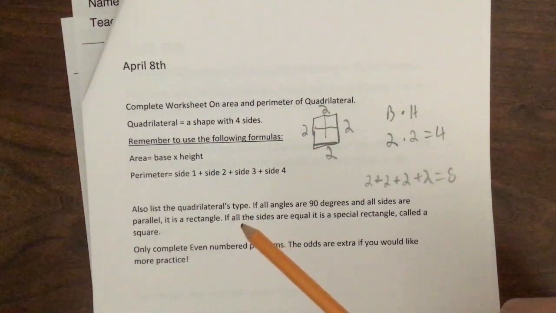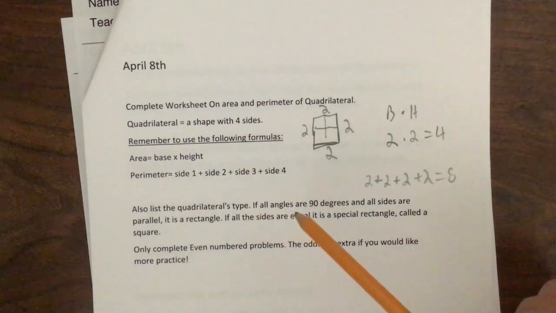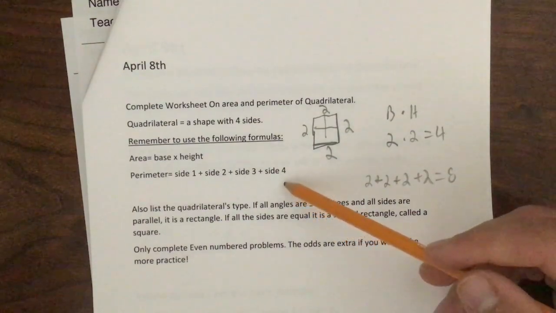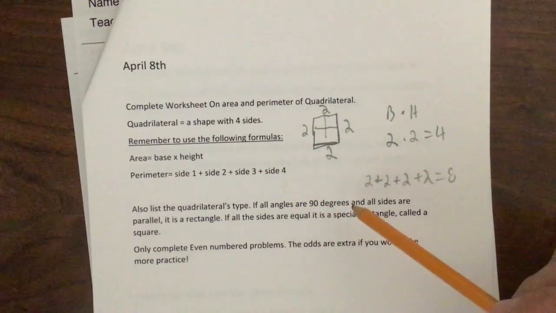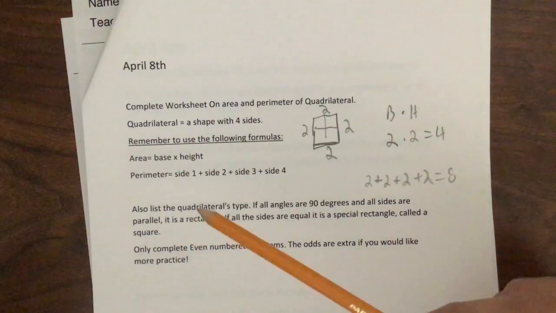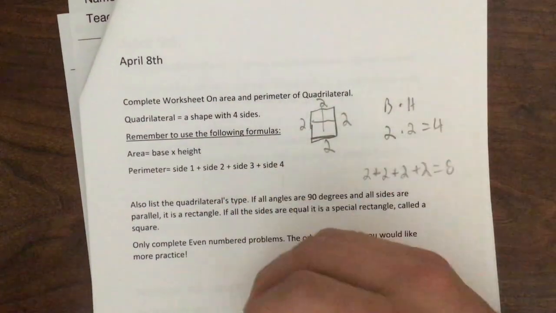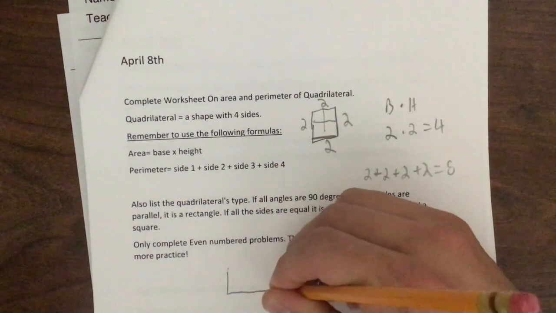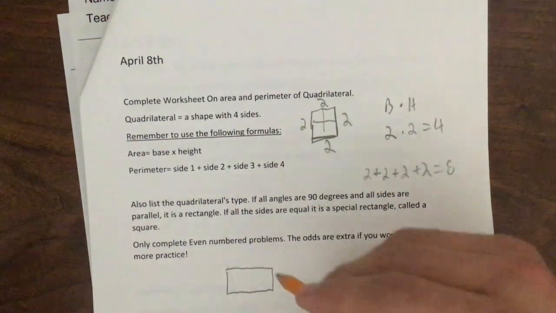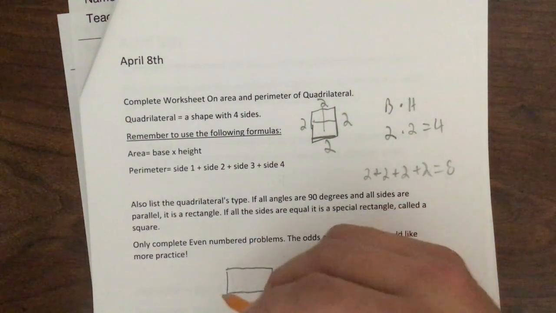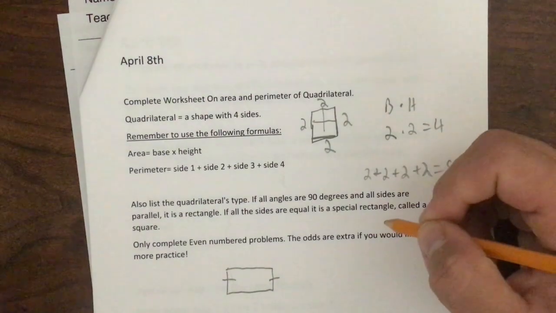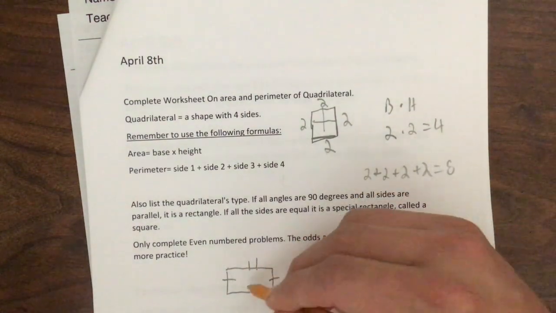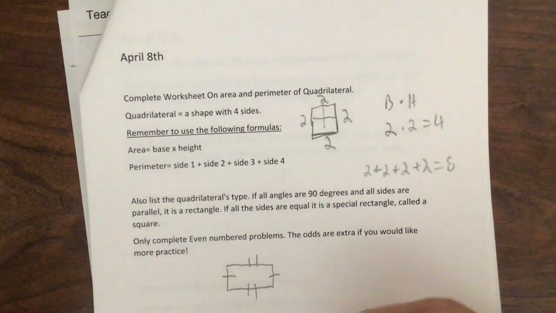And let's go over rectangles. If all angles are 90 degrees, so that means it's straight up and down, and all sides are parallel, then it's a rectangle. So this is a rectangle. You can see that this side and this side are parallel, and then this side and this side are also parallel.